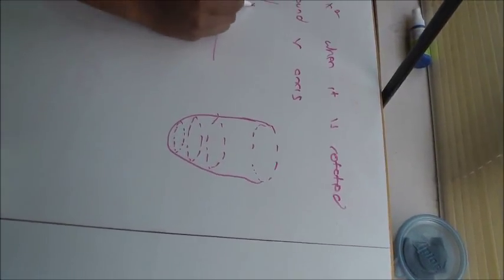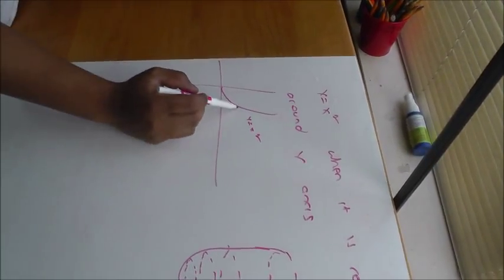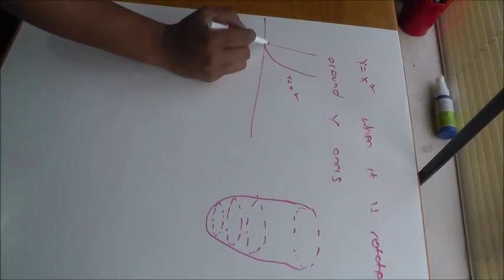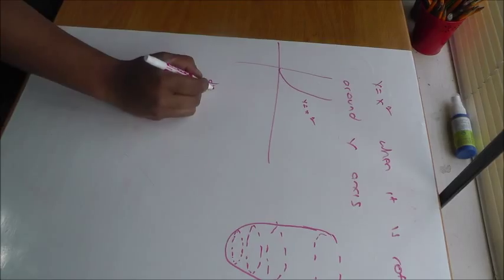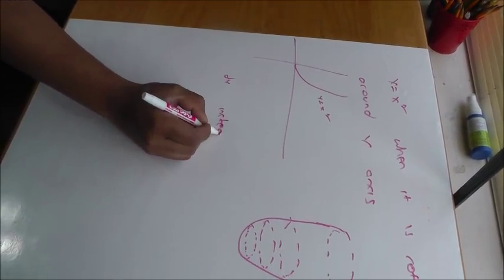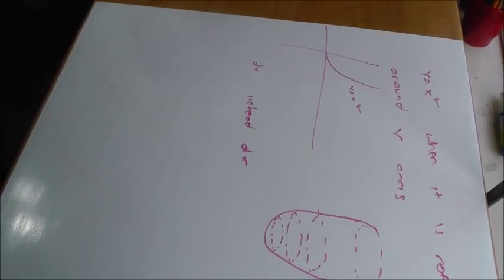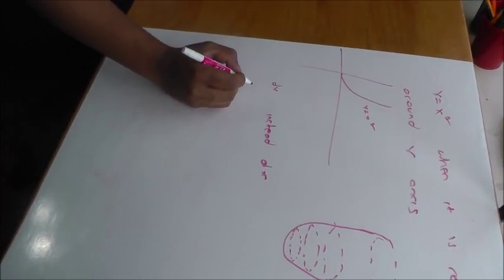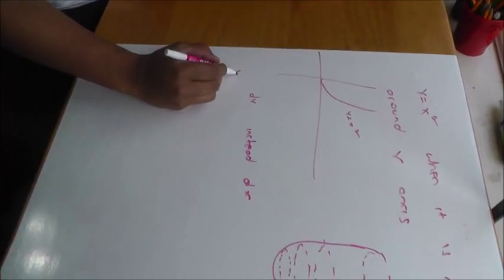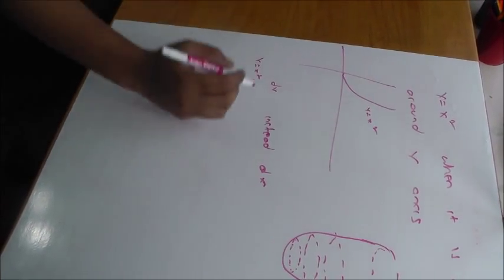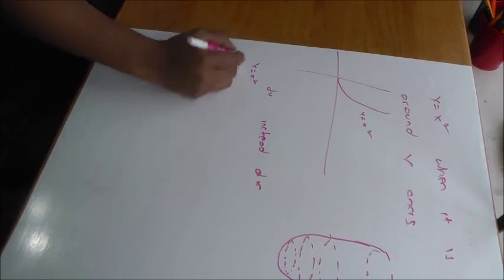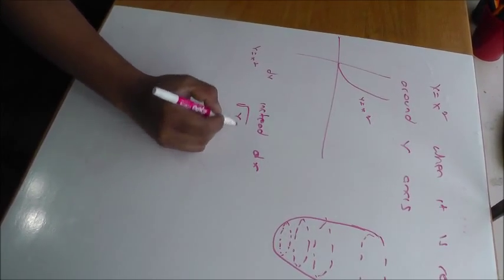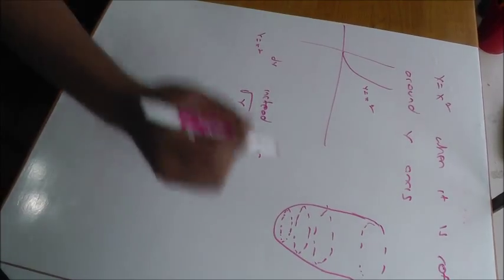However, this is going to be a little bit different than the last example because we are going to have to take dy's instead of dx's. To do that, we have to express y equals x squared in terms of y. So y equals x squared is also the same thing as square root of y equals x.